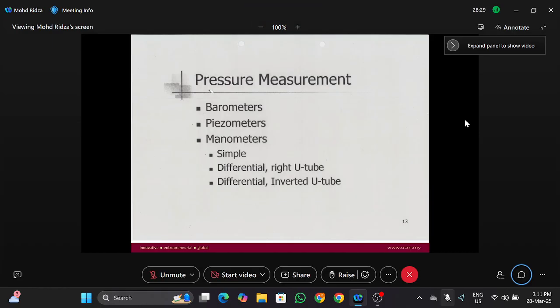But for all these pressure measurements, the concept is the same and it's very simple. Just apply the concept, you can use these equipments. You can read the value given by the instrument and convert it into pressure.